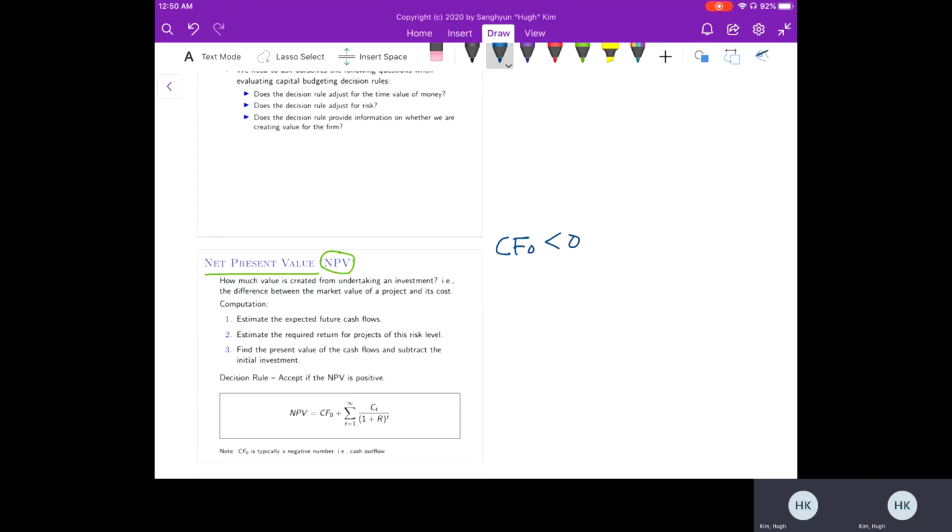To compute NPV for the project, first we have to estimate the future cash flows, C1, C2, C3, etc. And we have to estimate the required return for the project.